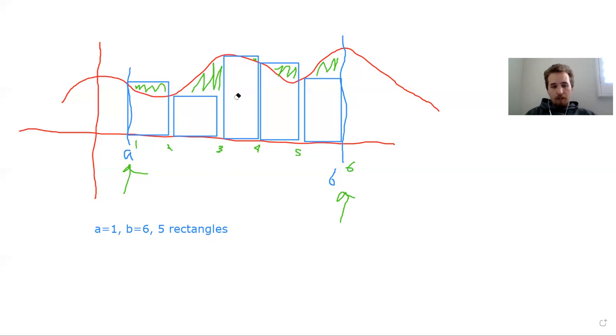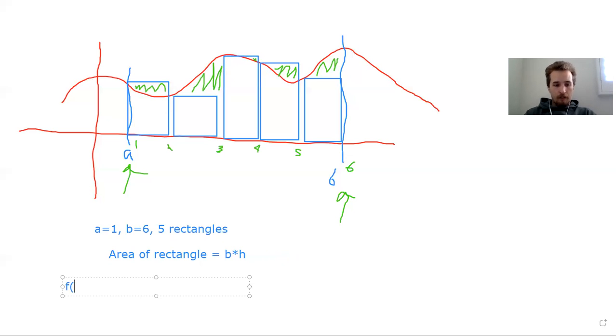Okay, and that's how we're going to find the area of each rectangle, because area of rectangle equals base times height, right? Or b times h. And so we already know the base of each rectangle is 1, right? So now we just need the height of every rectangle. And I'm just going to put in numbers, right?